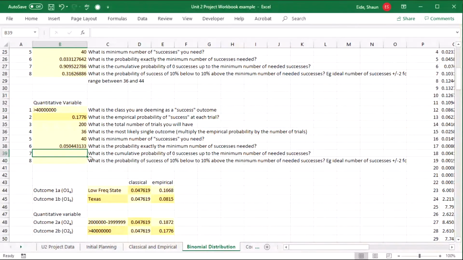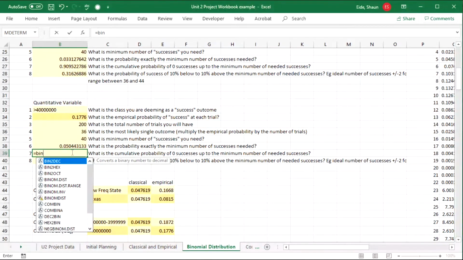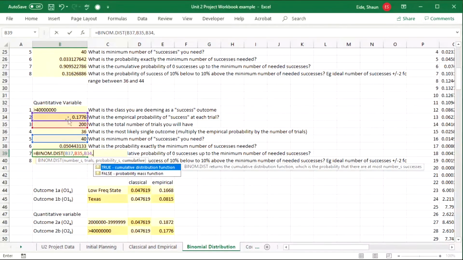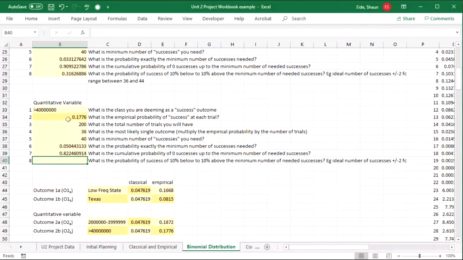And then this is the cumulative one again, so equals binomial, number of successes, 40, trials 200, probability of success, and then now we're going to put true. And then last but not least, the probability between 36 and 44 again.